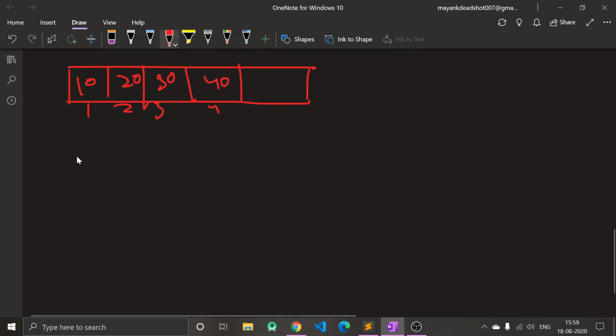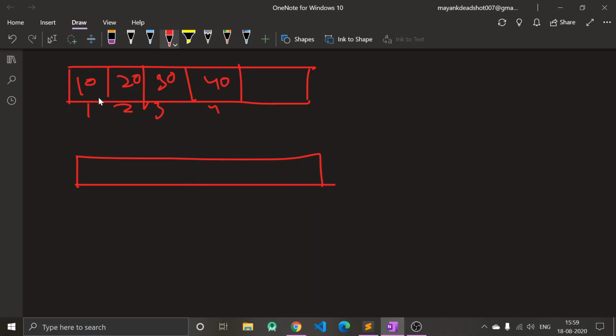We will make an auxiliary array to store each index's optimal answer to reach this index. For the first index we will store the answer to reach the 10th stone, for the second the answer to reach 20, then 30, then 40, and so on.